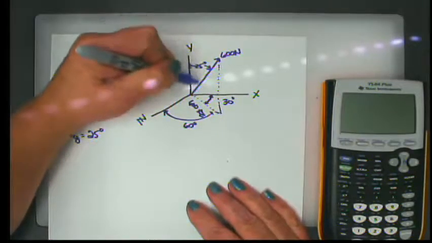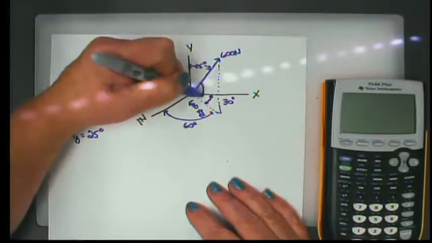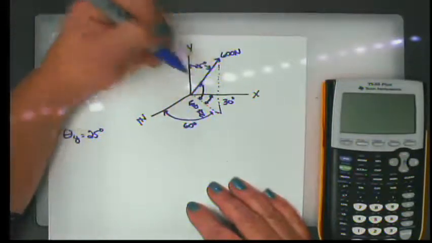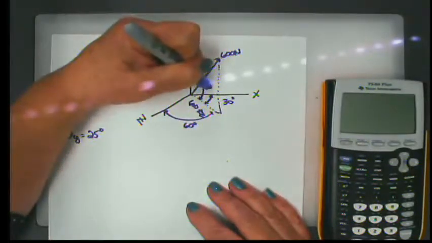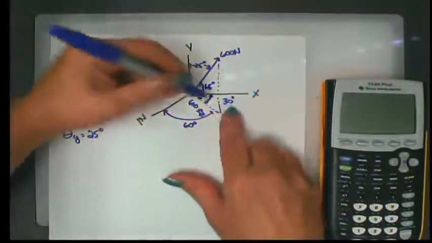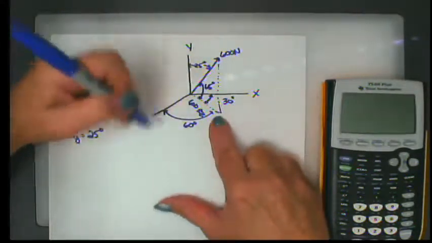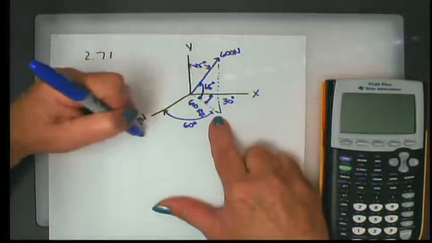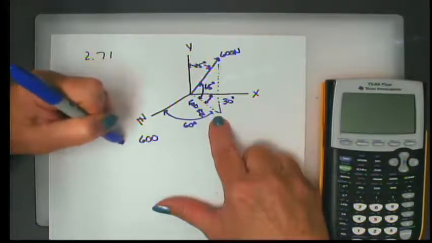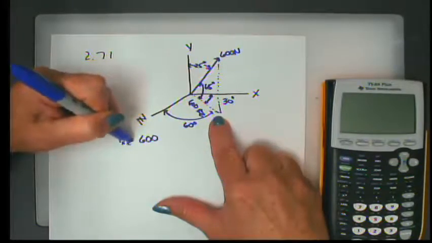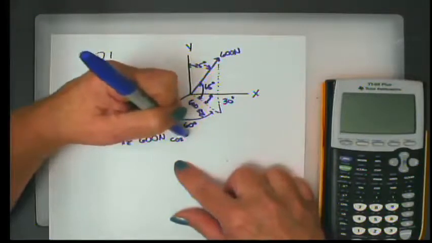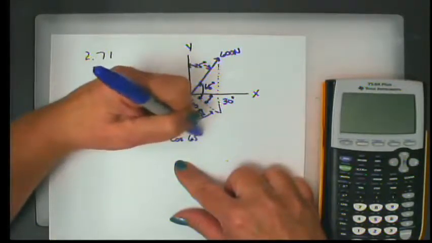But I first have to determine what that projection is. Now, from the y-axis, it's 25 degrees, so that means that down to the floor of the box, down to the xz plane, is going to be 90 minus 25, or 65 degrees. So at that point, I can say that my projection into the xz plane, so that would be the force into the xz plane, is equal to 600 newtons times the cosine of 65 degrees.